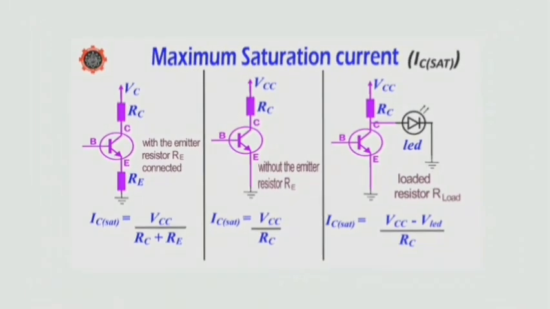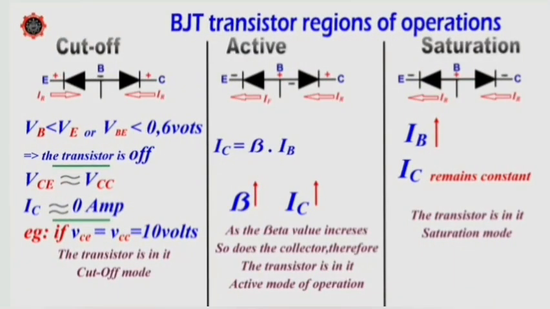So now in the active region, the collector current can be defined by using the formula IC equals beta times IB. This means that as the beta goes up, the collector current also increases.